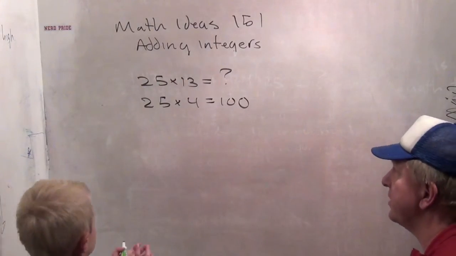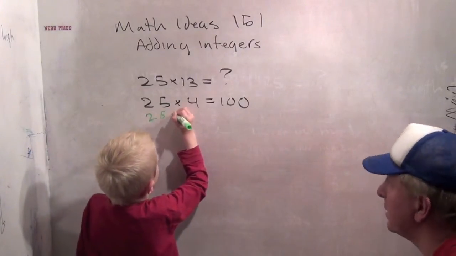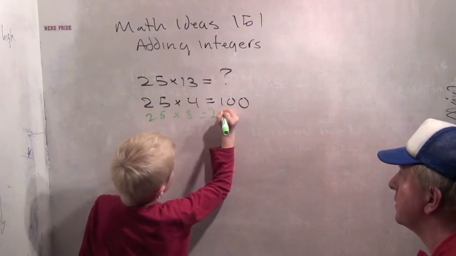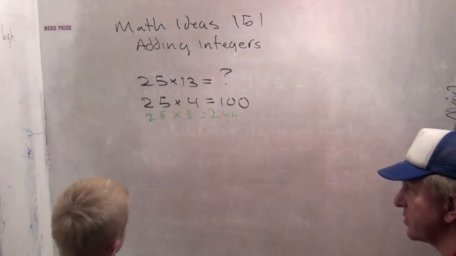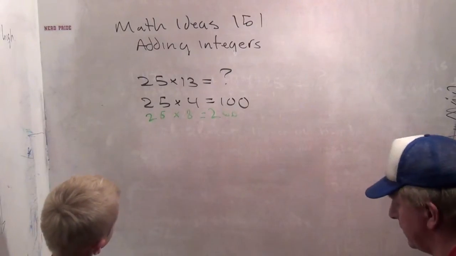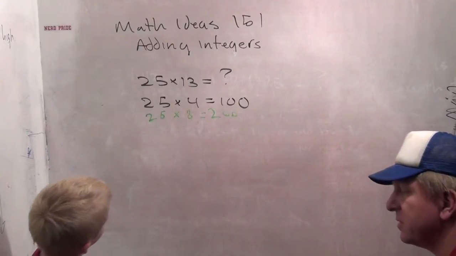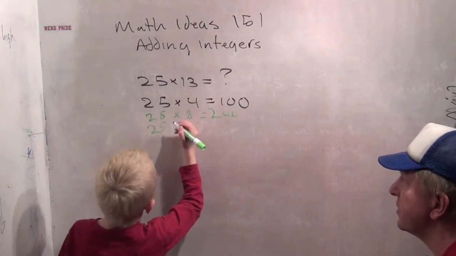Write that. 25 times 8 equals 200. All right, what should we do next? 25 times 12? What does 25 times 12 equal? 300. Yeah, because if you had 12 quarters, you would have $3.